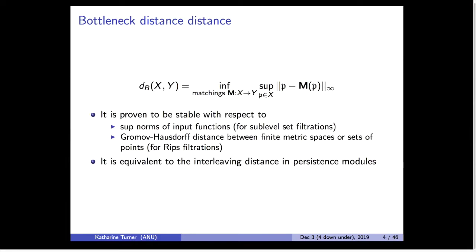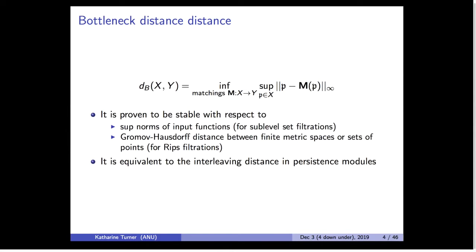Okay, so let's remind ourselves of the bottleneck distance. This was the historical first, this is what people looked at. They took their matchings and then they took the L infinity norm in the plane and they took the largest over all of them. And people love the bottleneck distance because it's known to be stable under a variety of things. I think it was first proved for sup norms of sublevel set filtrations of functions.